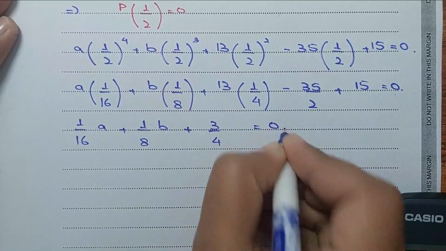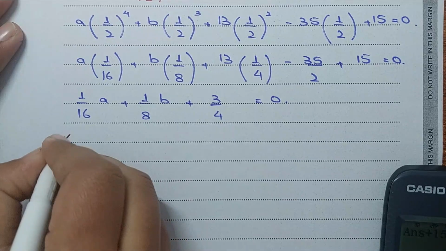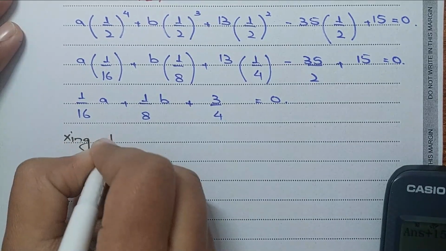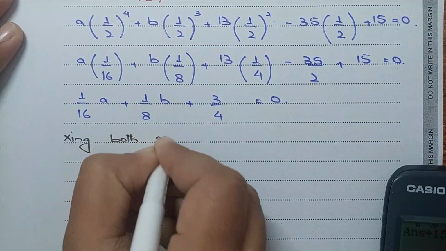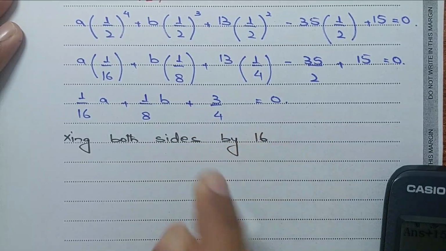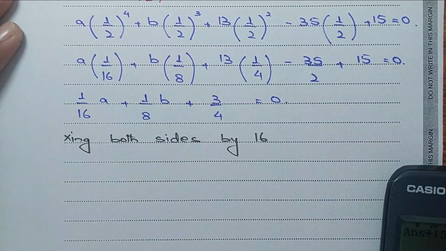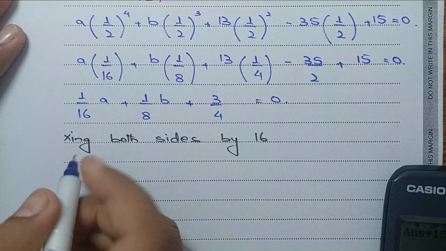So 3 by 4 equals 0. Now we can multiply both sides by 16. Why 16? Because 4, 8 and 16 all have 16 as a multiple, right?